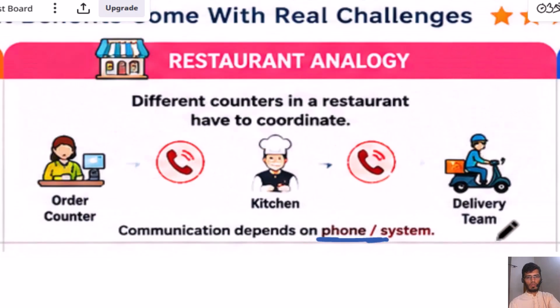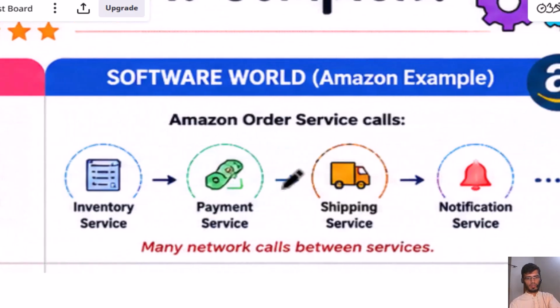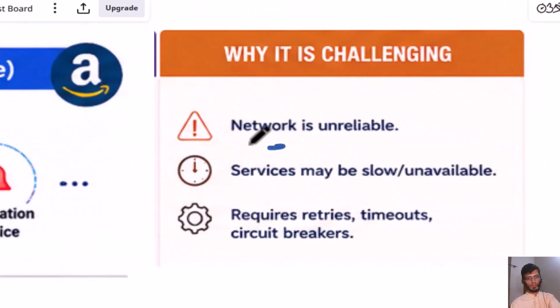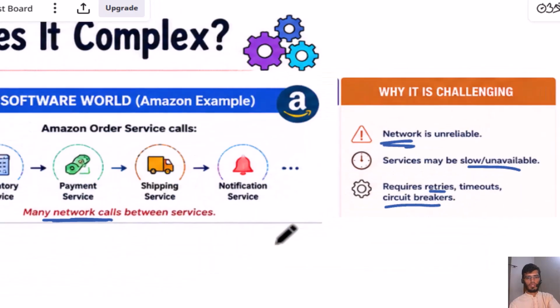So this calling will be an overhead, and in the software world, a network call will be done. Why is it challenging? Because the network may not be reliable, sometimes we have internet, sometimes not, and services can be slow. If the network is slow, services can be slow, and we require circuit breakers for fault tolerance and resilience.